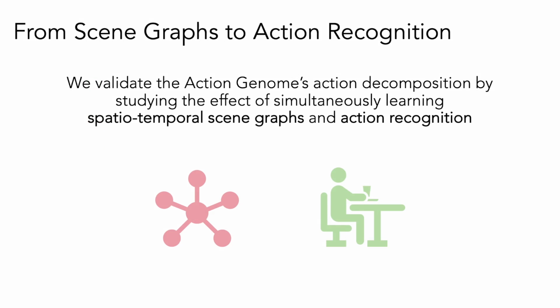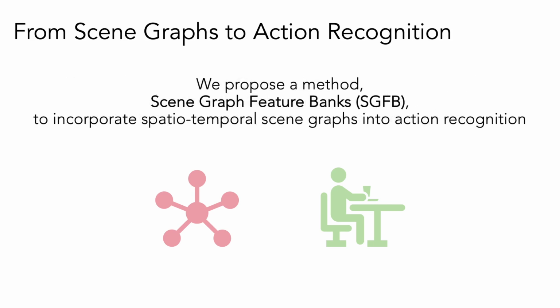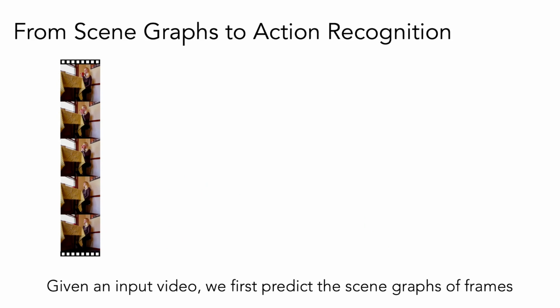We validated Action Genome's action decomposition by studying the effect of simultaneously learning spatial temporal scene graphs and action recognition. We propose a method called scene graph feature banks to incorporate spatial temporal scene graphs into action recognition. Given an input video, we first predict the scene graph of frames.